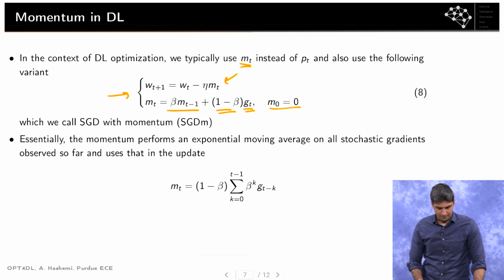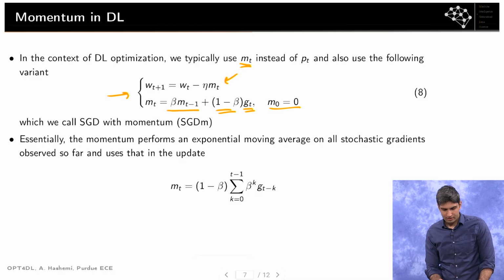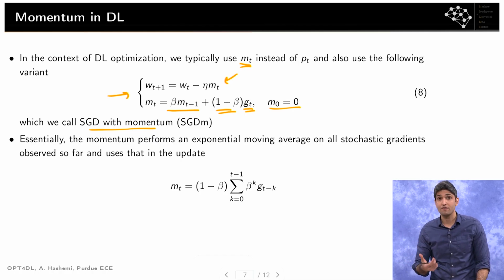Therefore, let's call this method by a different name. Instead of the heavy-ball method, we're going to call it SGD with momentum, where the momentum is not just beta times the previous momentum plus gradient, it's the convex combination between the previous momentum and the current stochastic gradient.